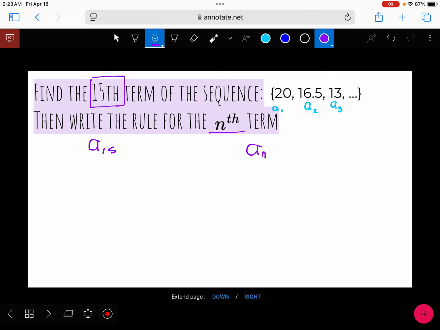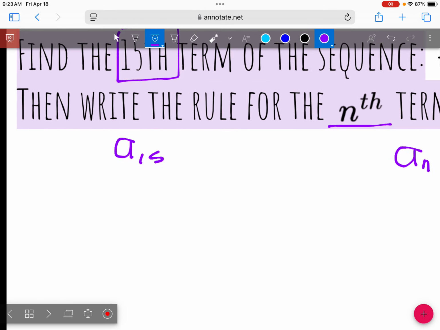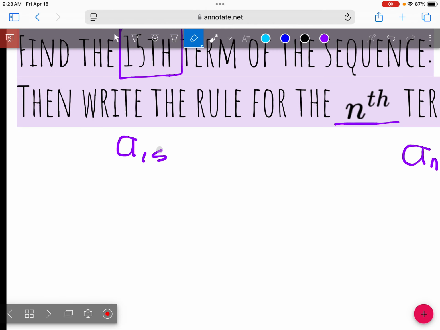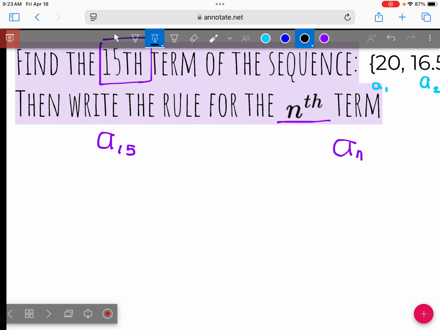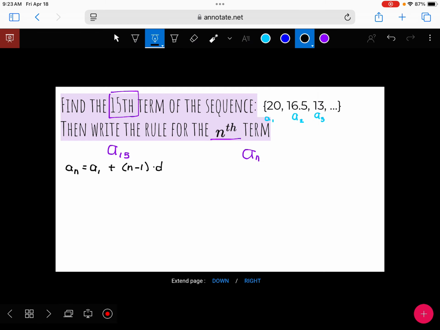So those are our two goals right here. We're going to start with the equation. I'm going to rewrite that 15 because that 15 looks weird. I'm going to grab the equation that we just had on the previous page, where a sub n is a sub 1 plus n minus 1 times that common difference.